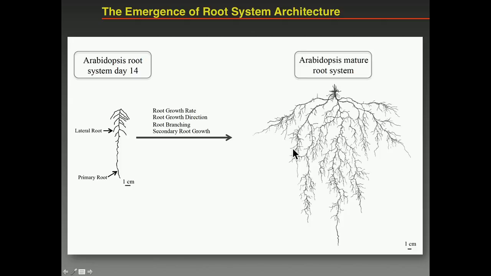Something that has come out of a lot of studies over decades of forward genetic screens is that one molecule, auxin, which is a plant hormone, is essential in regulating many of the aspects that are important to go from this very simple form to this complex form, because it regulates all the processes mentioned here, like the growth rate, the root growth orientation, and the branching pattern.